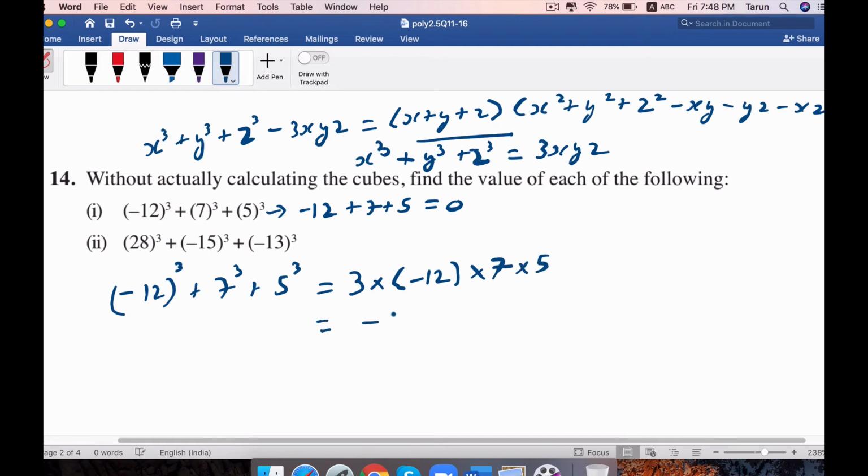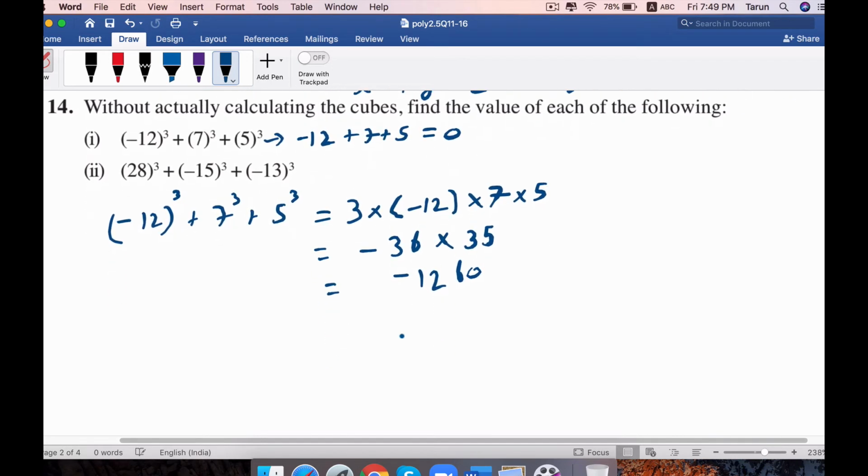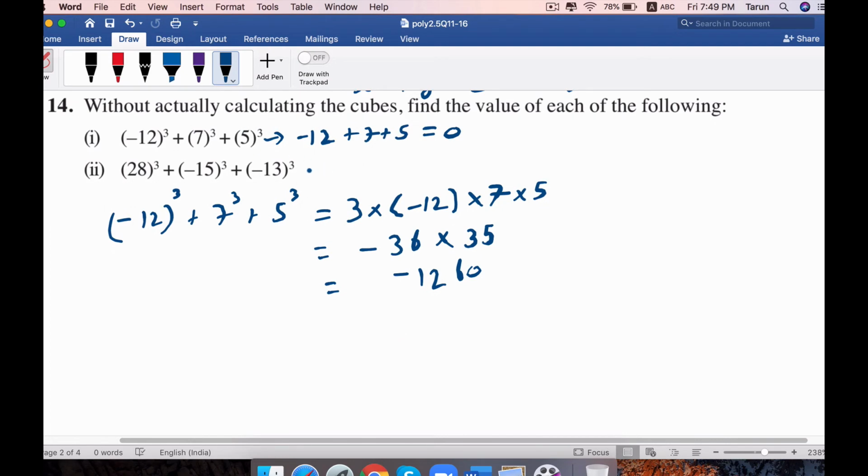So I will get minus 36 multiplied by 35, which gives me minus 1260.